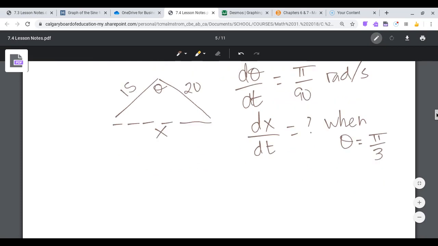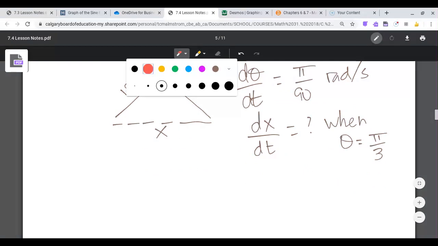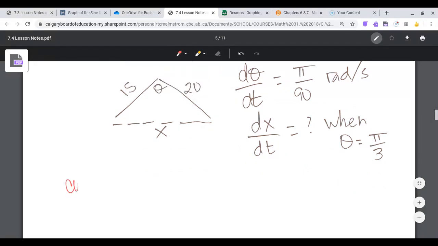Okay, so if this isn't SOHCAHTOA, then I have to think about another way to relate my angle and my third side. Now, we have to flash back all the way to Math 20, and this is actually going to require us to use the cosine law, which says a squared is equal to b squared plus c squared minus 2bc cos a.